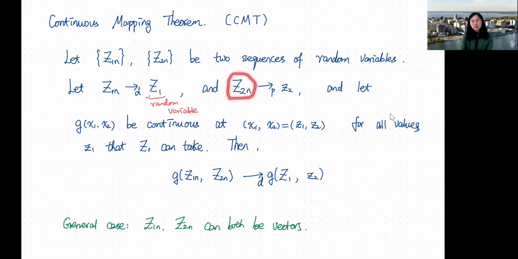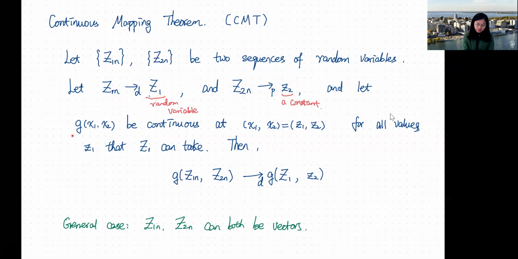And Z2n converges in probability to little z2, where this little z2 is a constant. It's a non-random number.